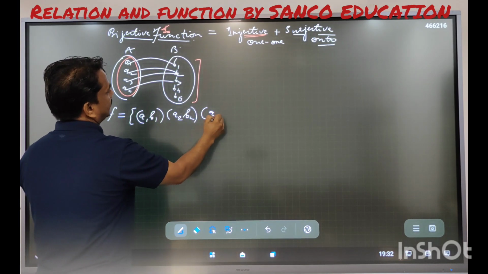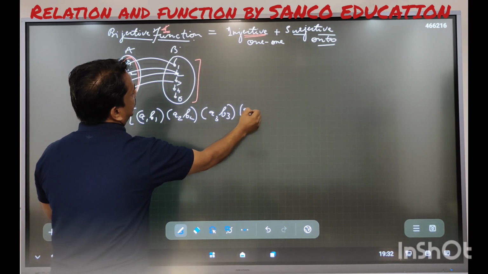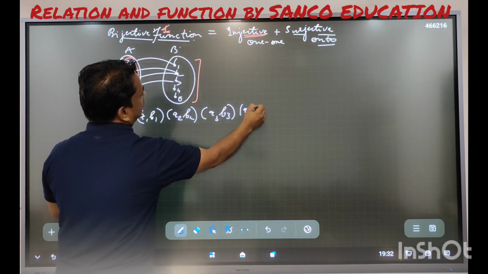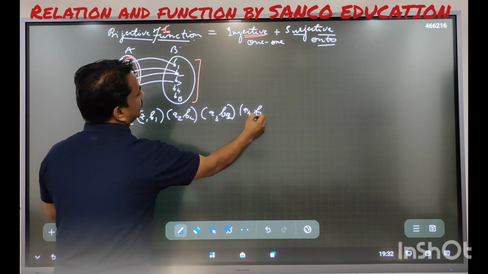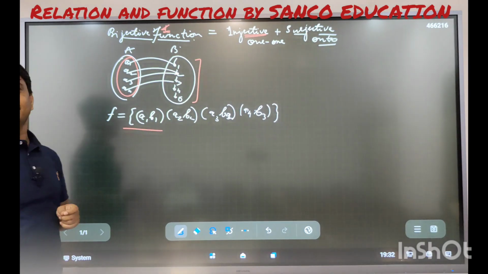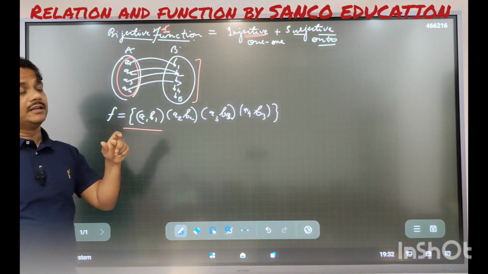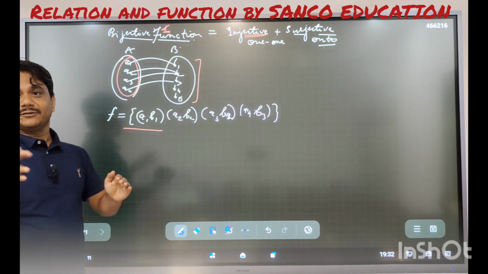Similarly, A3 is associated with B3 and A4 is also associated with B3. This collection or relation is said to be a function. So what is a function? A function is a relation from A to B.